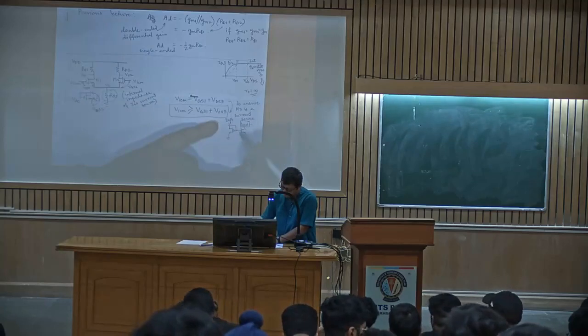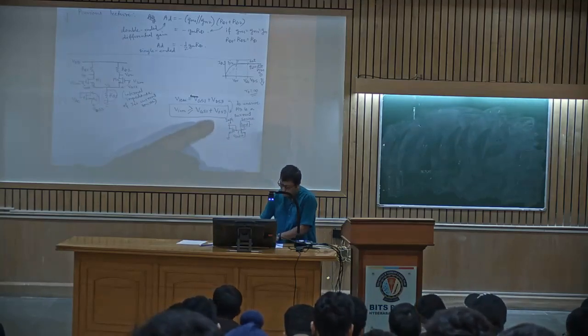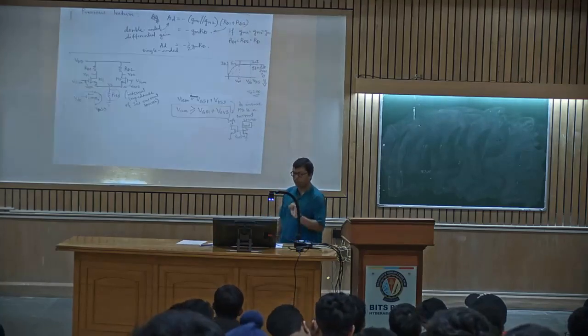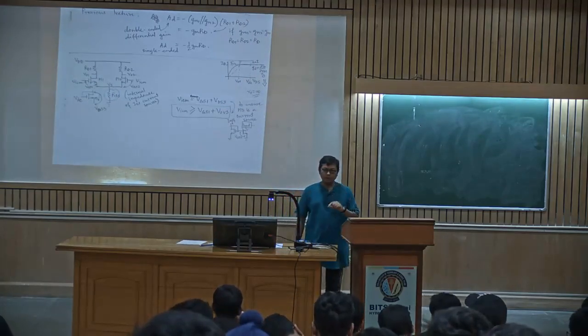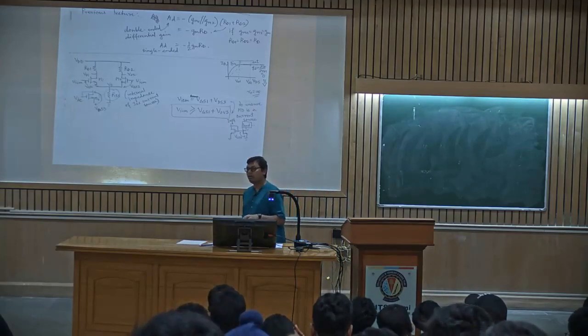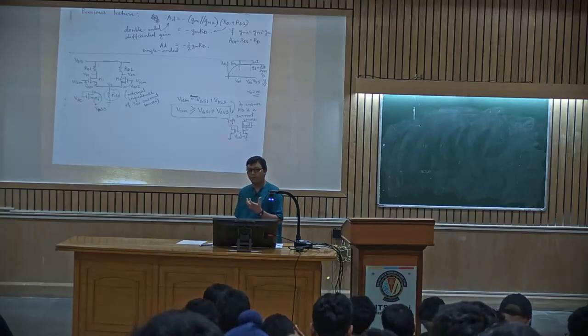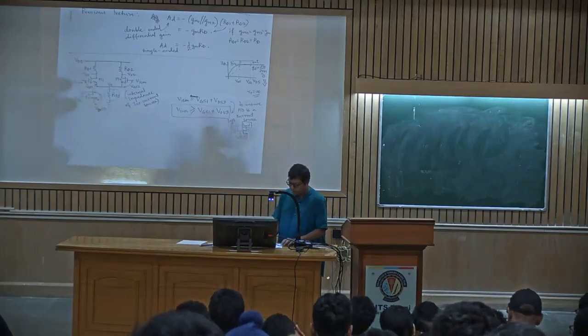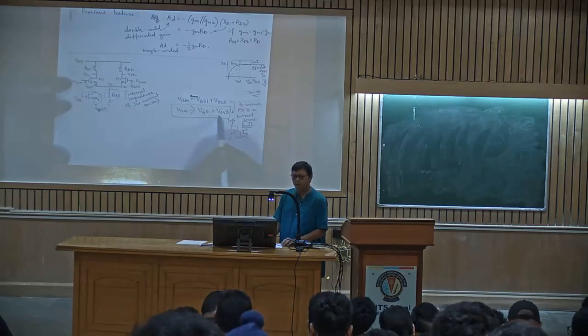This is the VOV3 over here. This is actually VGS3 minus VT, which will give you the VOV3. Okay, that is the consideration we have to keep in mind when we are taking up all whatever we have studied until now to design an ideal op-amp. Okay, very good. So this is going to be the minimum value of VICM.